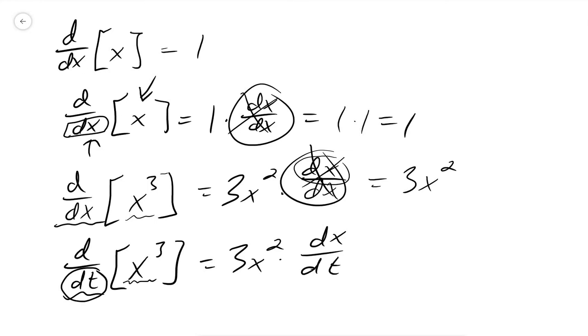So on the bottom, we have dt instead of dx, and in this case, this doesn't cancel, and this piece right here is very, very valuable. We do not ever want to miss that opportunity to write a dx over dt, because if we write just 1 there, that's going to mess up our whole entire implicit differentiation problem.